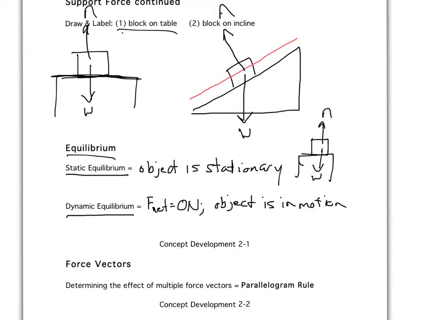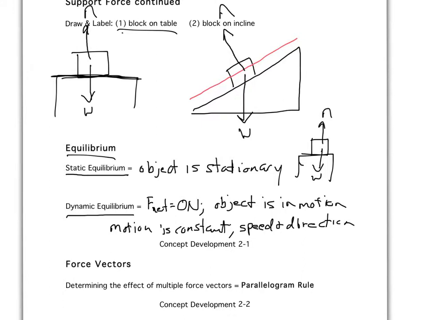We said earlier that the net force changes the motion of the object. So if the object is in equilibrium with no net force, that means the motion is constant. With two parts to our motion, that means speed and direction are both the same.